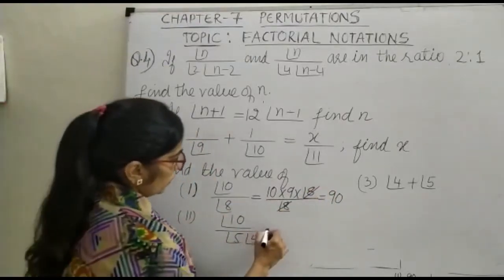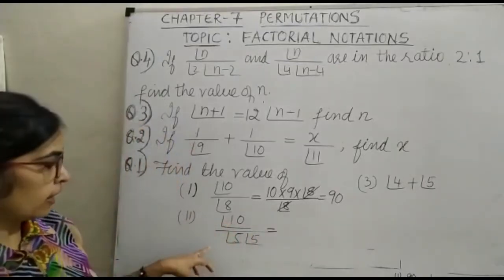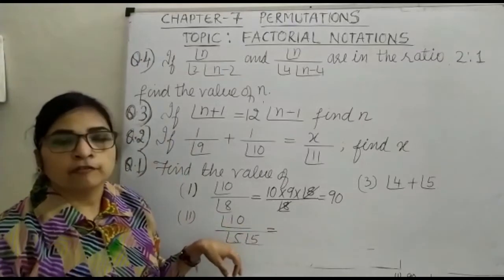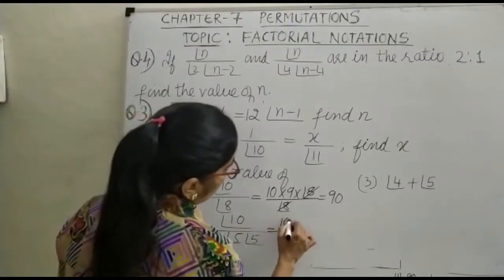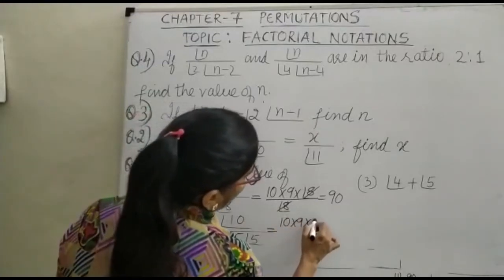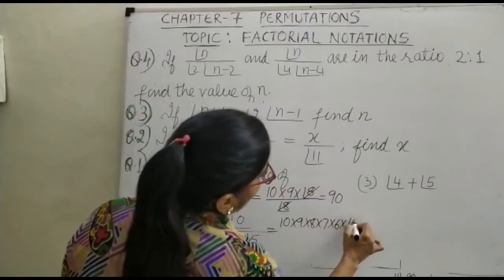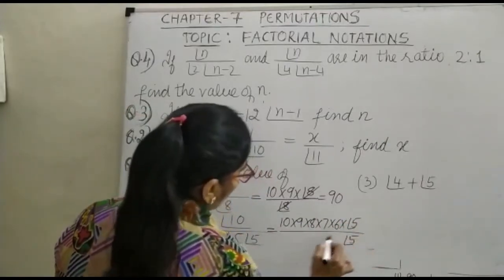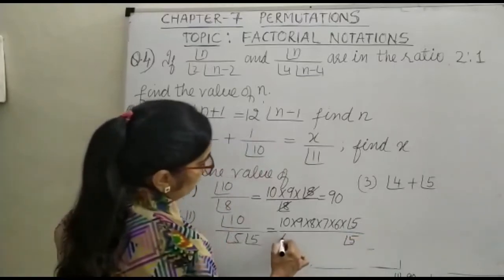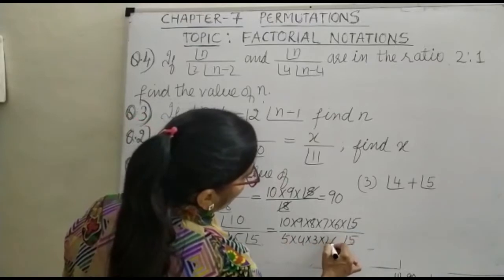In the second part, you have 10 factorial, and in the denominator we have 5 factorial into 5 factorial. So this can be written as 10 into 9 into 8 into 7 into 6 into 5 factorial upon 5 factorial, and this 5 factorial can be written as 5 into 4 into 3 into 2 into 1.